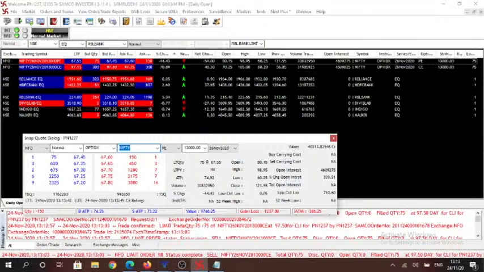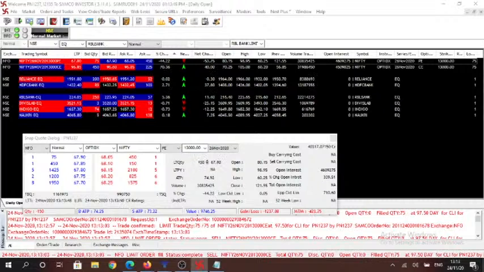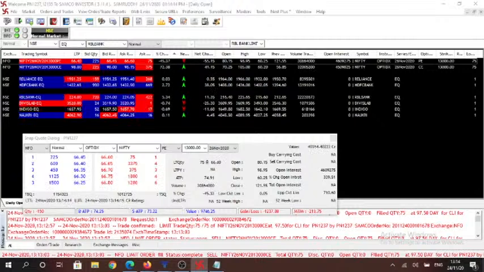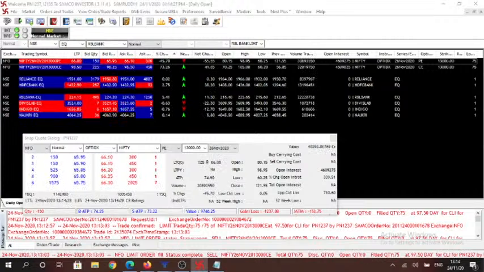Start reducing our puts as well now. Let's see if we break 65 now.